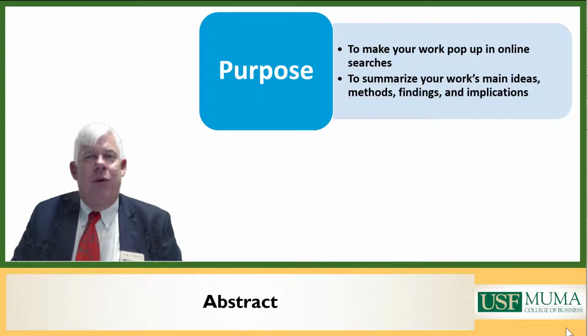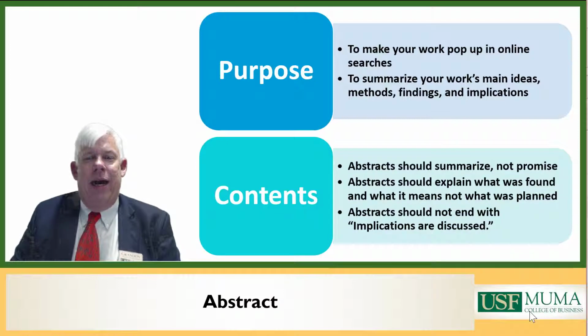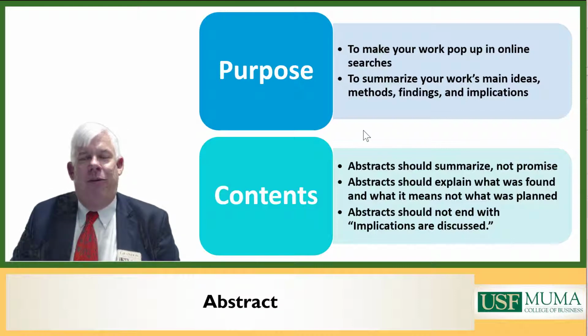So you will normally have a set of keywords. The key thing is your goal is to create a summary. You are not trying to introduce new ideas. The contents of the abstract should not make promises for the paper. Rather, they should account for results.